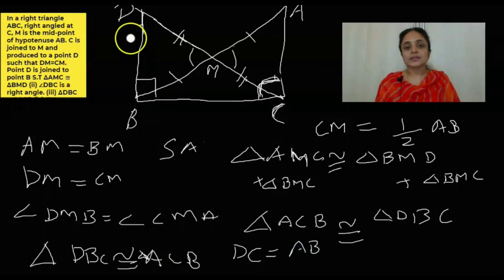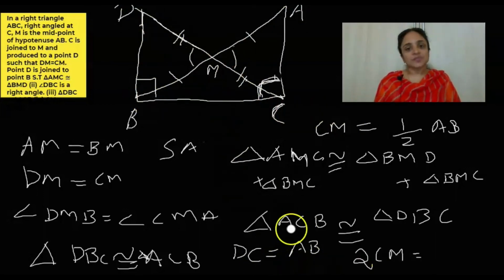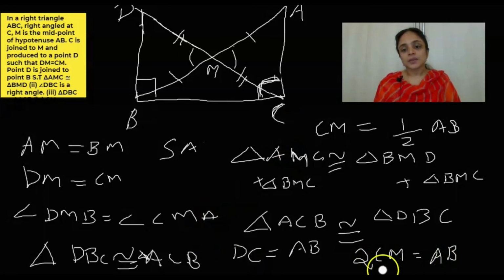So we got DC is equal to AB, and we have to get this in terms of CM. So what is DC in terms of CM? It is 2 CM. So 2 CM is equal to AB. So what is CM? CM is equal to half of AB.